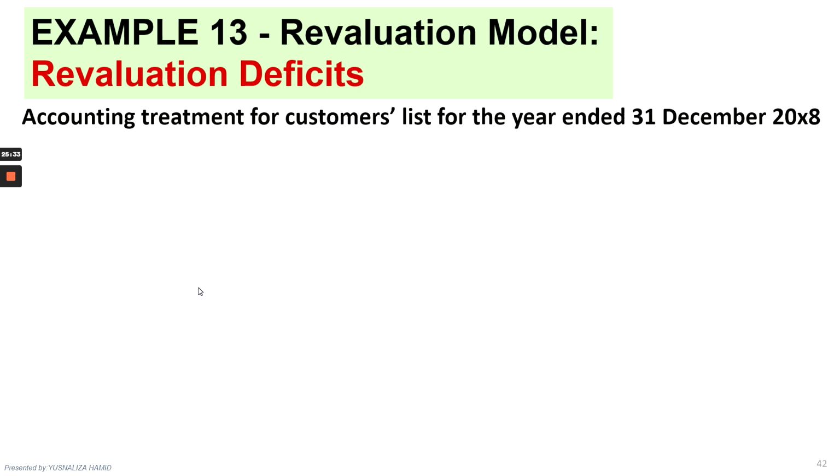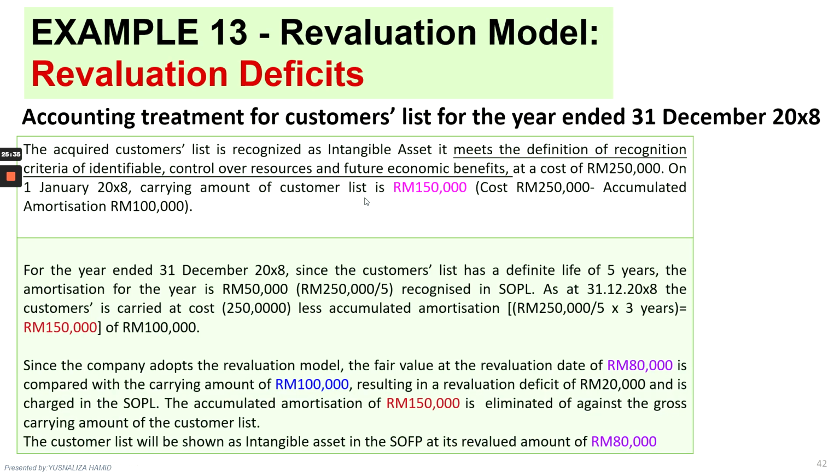So if you look at the accounting treatment, you should recognize this as an intangible asset. Why? Because it meets the definition and recognition criteria, as well as mentioning the initial cost. So the carrying amount of the customer list as at 1st of January. Remember, you need to explain for 31st of December 20X8.